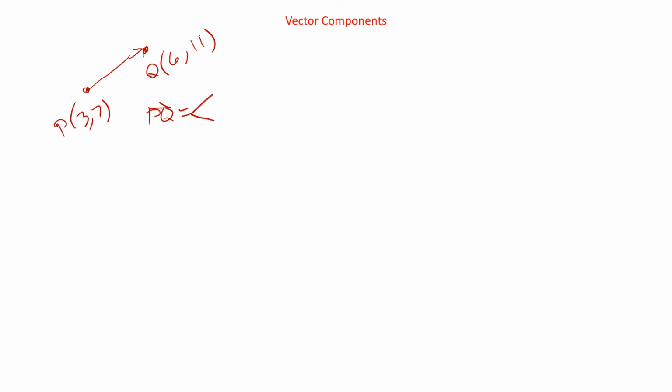Component form, it looks like an ordered pair, but it doesn't use parentheses, it uses these angled brackets. And it doesn't have x and y points in it, it has the change of x and the change of y. So, for PQ, in order to get from P to Q, x is going from 3 to 6, so it's going up 3. Y is going from 7 to 11, so it's going up 4. That's the component form of a vector.